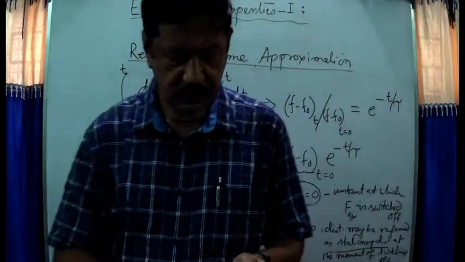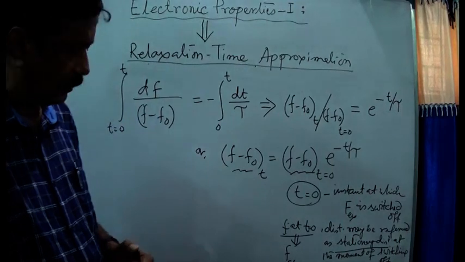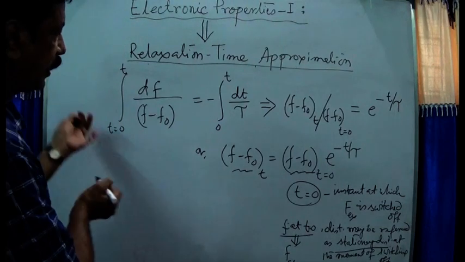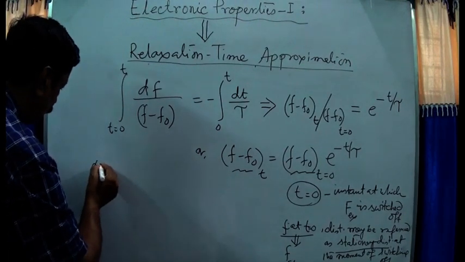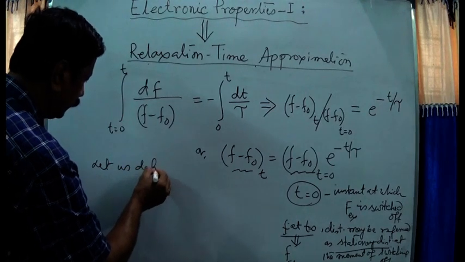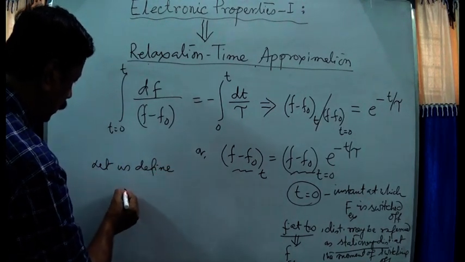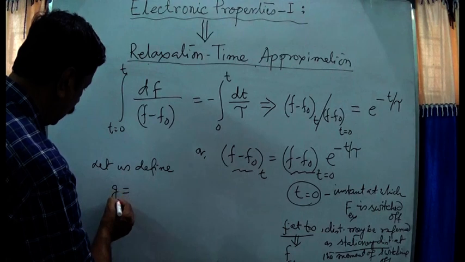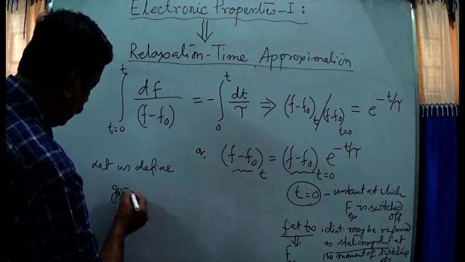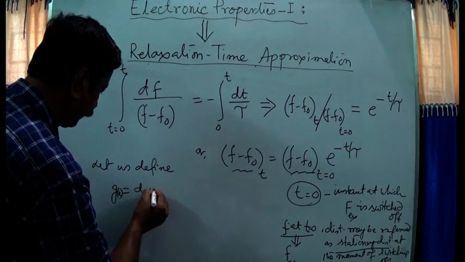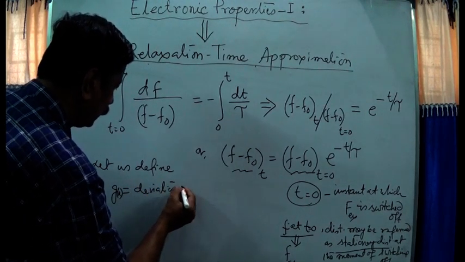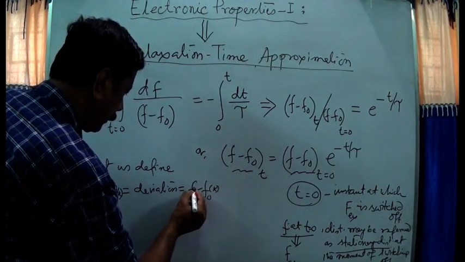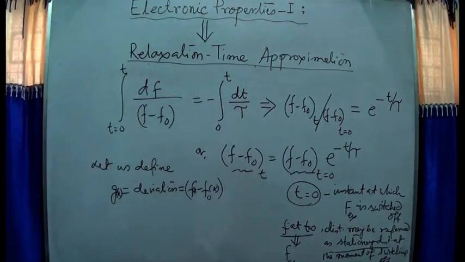But whatever it is named, we can make a simplifying relationship in this way. Let us define g of k as the deviation, f minus f0. Right?